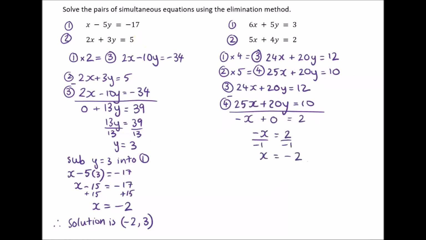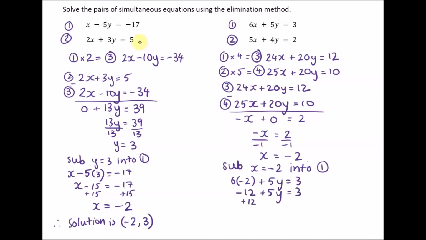We found our x variable, we just need to find y as well. So we're going to sub x equals minus 2 into one of the equations. It could be 1, 2, 3, or 4. It'll give us the same solution for all of the equations. So let's pick number 1, where we have 6 times minus 2 plus 5y equals 3. So negative 12 plus 5y equals 3.